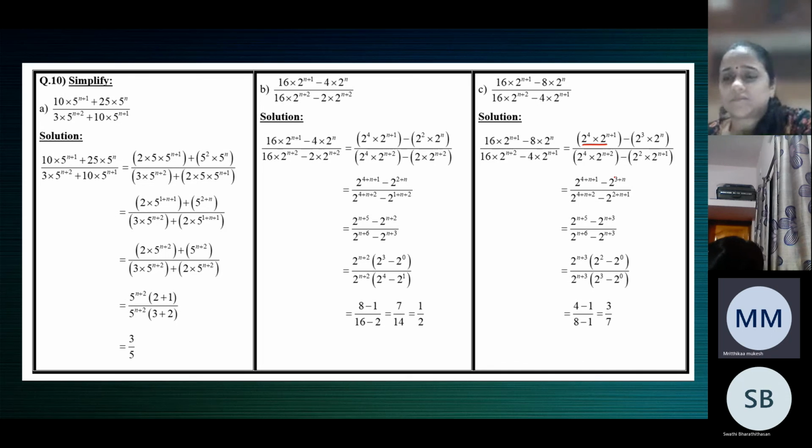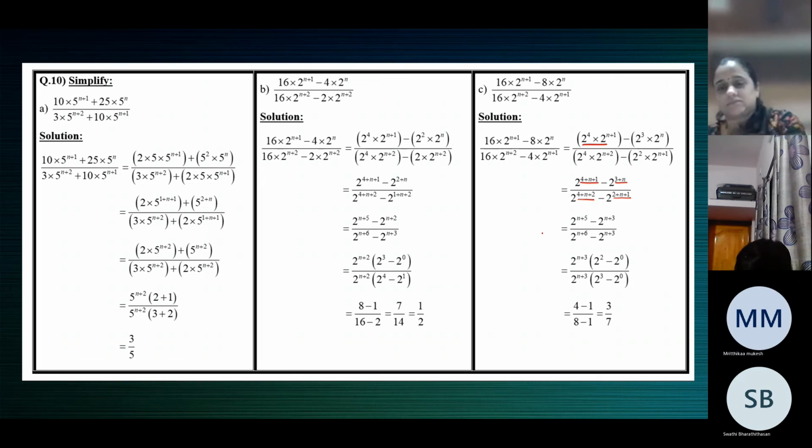So we are adding the powers, ma'am. 2 power 4 plus n plus 1, ma'am, minus 2 power 3 plus n, and by 2 power 4 plus n plus 2, ma'am, because we are adding it, minus 2 power 2 plus n plus 1, ma'am.